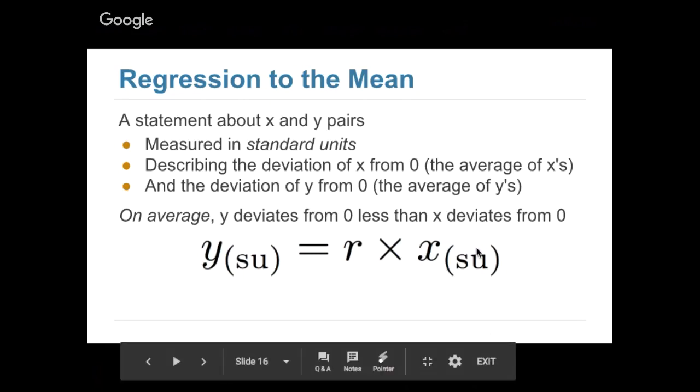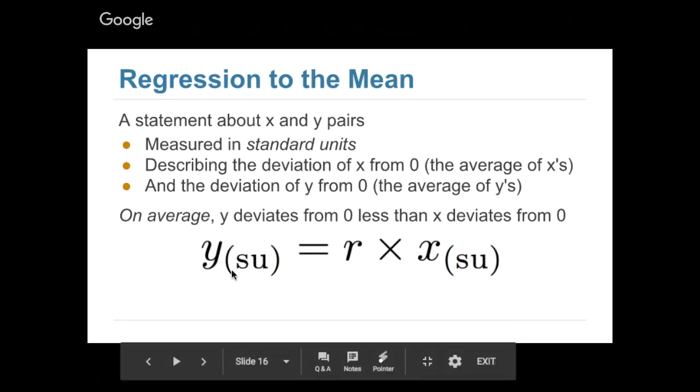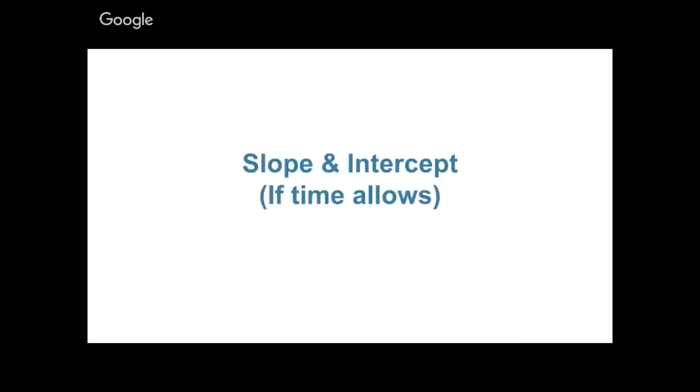So we can plug that back in here. The standard units of Y is Y minus the mean of Y divided by the standard deviation of Y. So we can plug that back in there, substitute in our values, and hopefully get back our original prediction for Y in our original units.